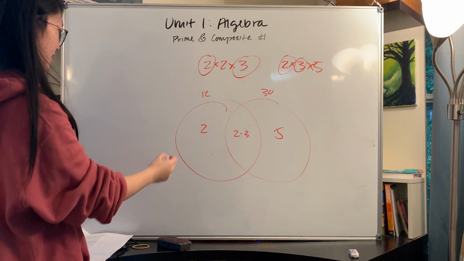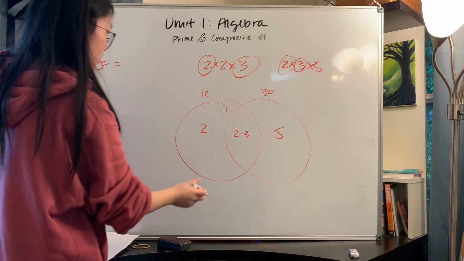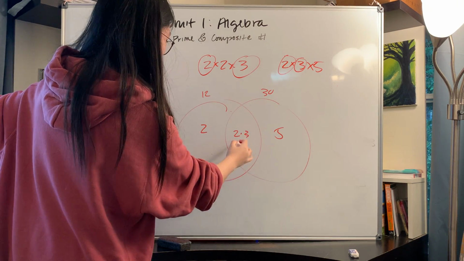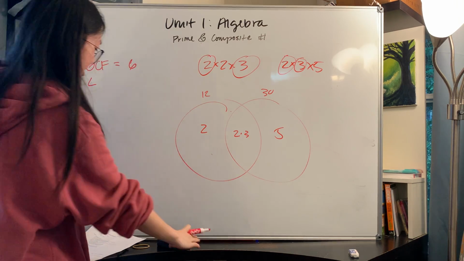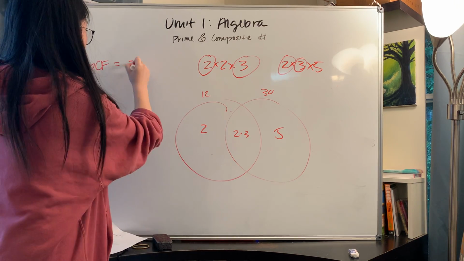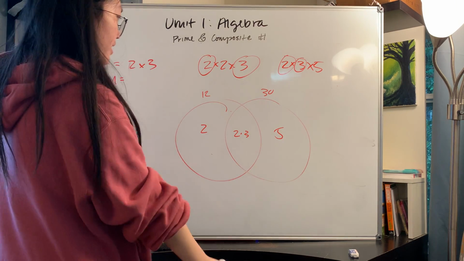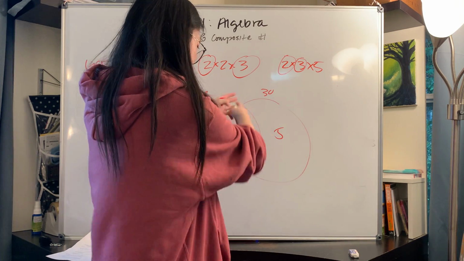So if you look at this, the greatest common factor is equal to the greatest amount of factors that they share together, which is 2 times 3, equal to 6. Least common multiple, well, we already counted 2 and 3 once, because they share these two, right?